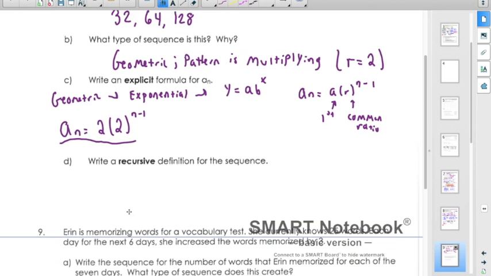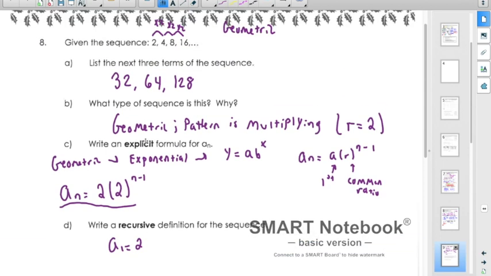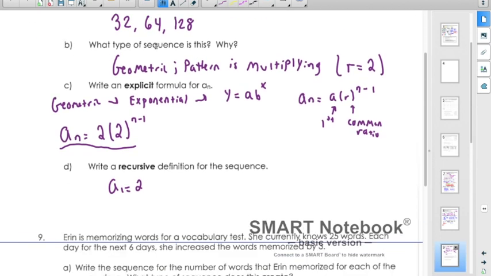Now we have to write a recursive definition for the sequence. Well, okay, recursive means we have to have 2 equations. The first one is the easy one. a sub 1 is equal to 2, right? That's our first term. And then we're going to have a sub n is equal to, this is where the previous term comes in, a sub n minus 1 times 2.